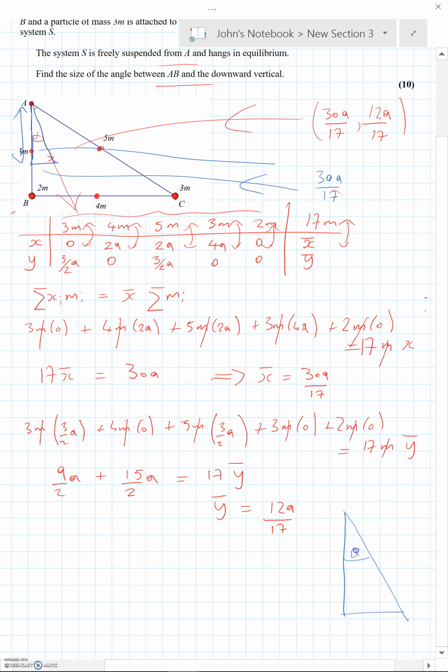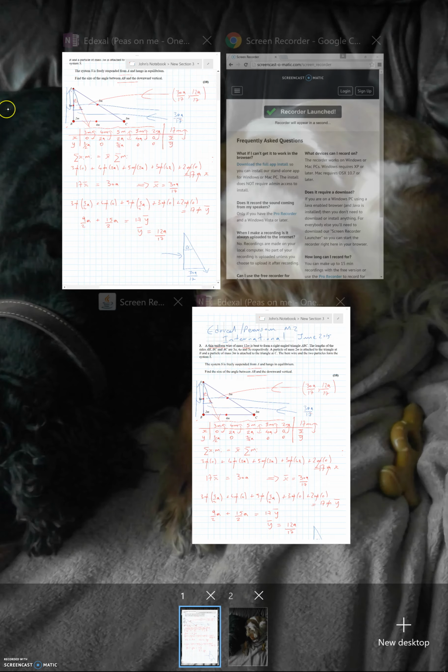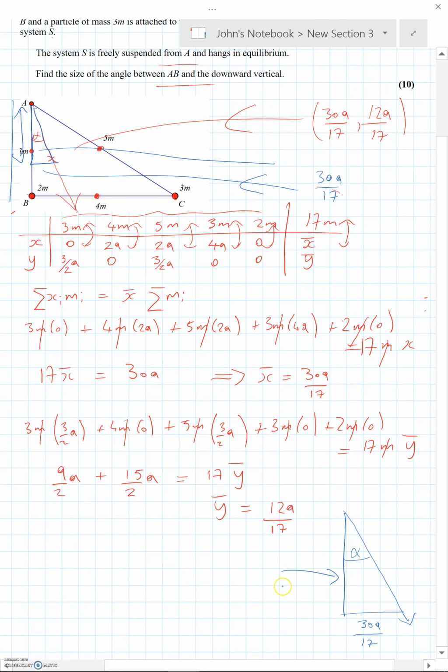This is our angle alpha. That's the vertical here. This distance here is 30a over 17, as I've just said. And this distance here is equal to, because the length from here to here on the diagram is 3a, 3a minus 12 over 17a.